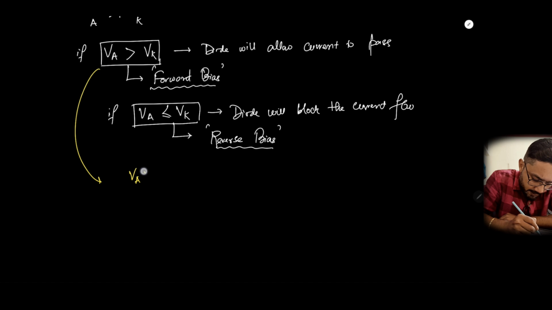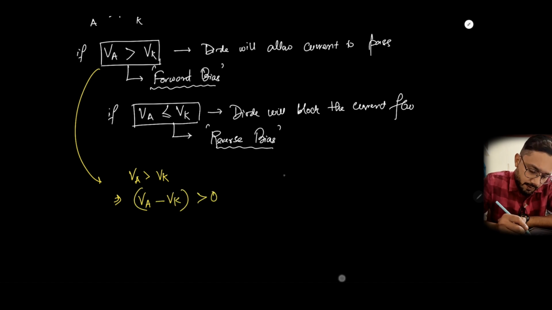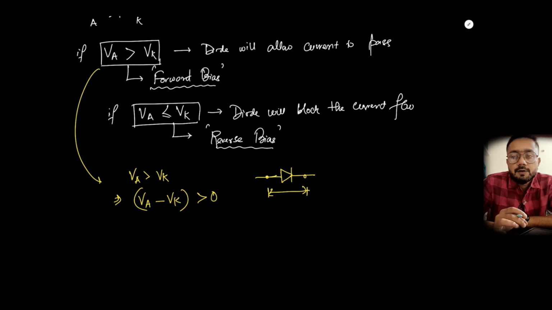So voltage A greater than voltage K means that VA minus VK is greater than 0. That means the voltage that is applied across the diode must be greater than 0 if we want the current to flow.